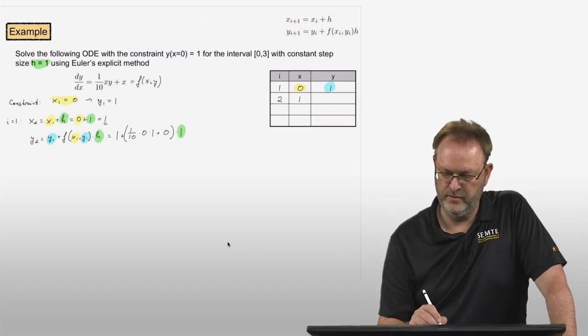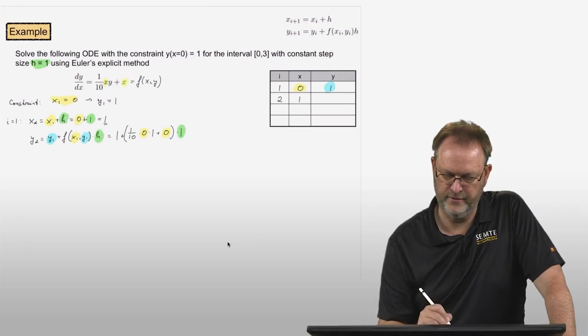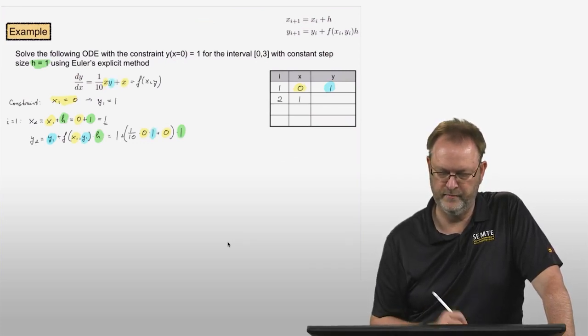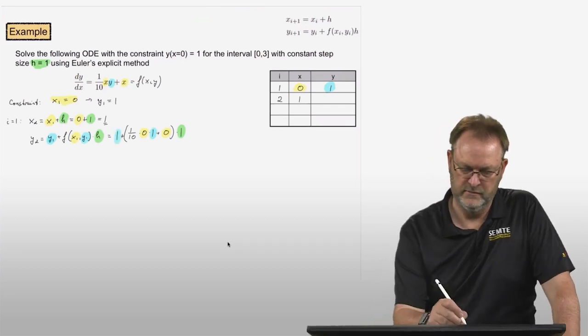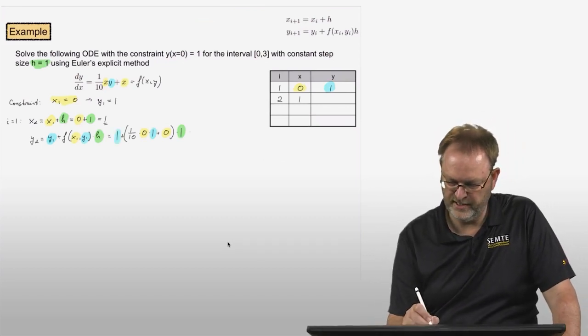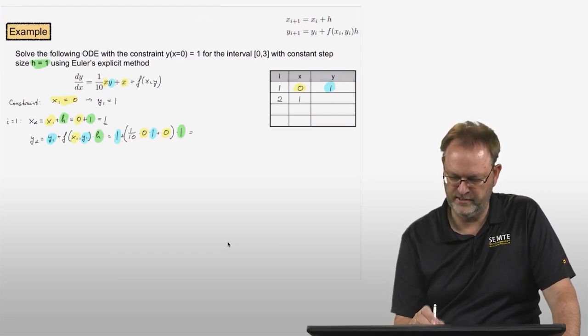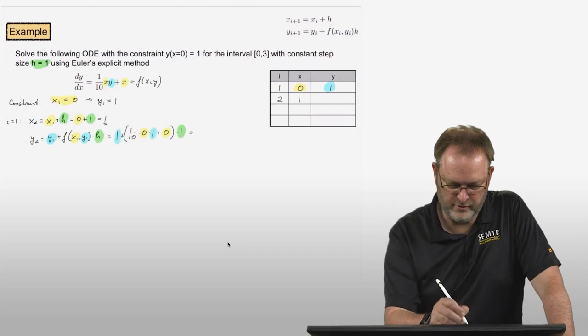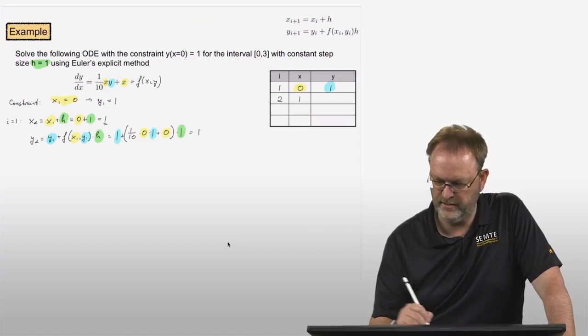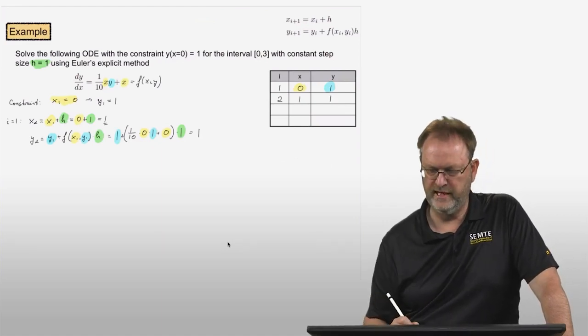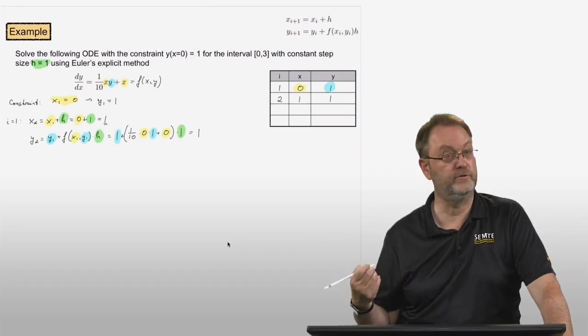So the x1 was 0, that's used here and here. That's this value and this value. And then the y1, which is the 1, it's this value, that's the 1 over there and up here. Okay, so let's do the math on this. That first part here is 0 plus 0 plus 0. All of that is 0, so the end result of that is still 1. So we have a y2 that is equal to 1.